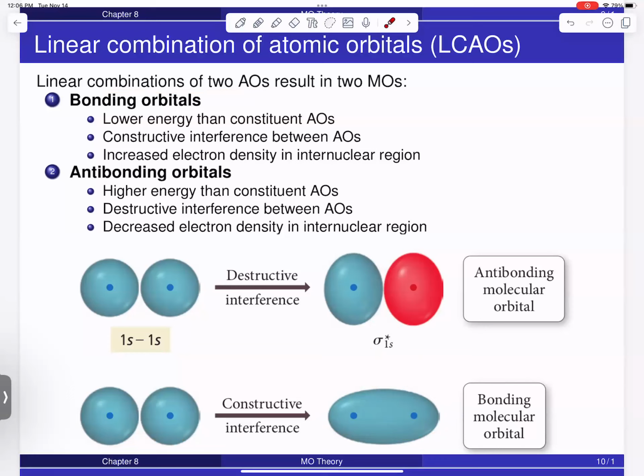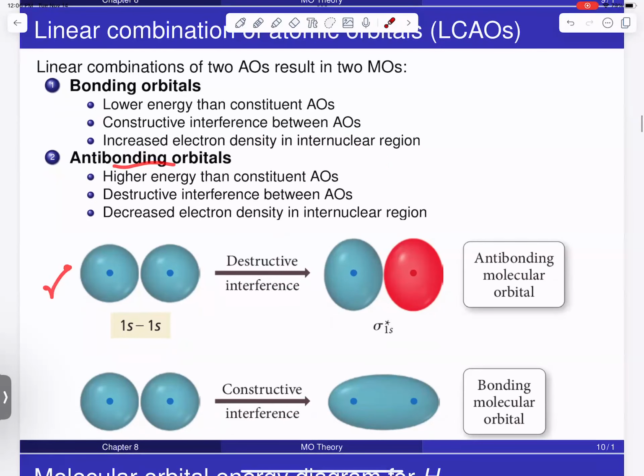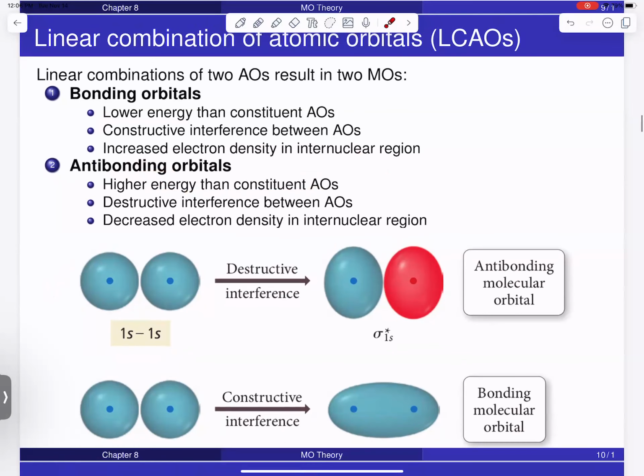All right. And so bonding orbitals, the key characteristics here are listed in the following bullet points. We're going to see lower energies than the constituent atomic orbitals. We are seeing constructive interference between the AOs. That's illustrated here, a buildup of electron density in that internuclear region, that region between the two nuclei. Conversely, antibonding orbitals, shown right here, have higher energy than their constituent AOs.